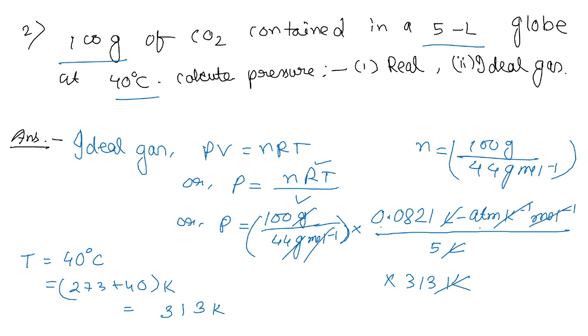You can easily see that the answer will be in atm. If you make a mistake here, you can easily resolve it by the unit. Here you can see that you are getting the unit of atm. What is the unit of pressure? Your answer should be in a pressure unit, so you are going in the right direction.